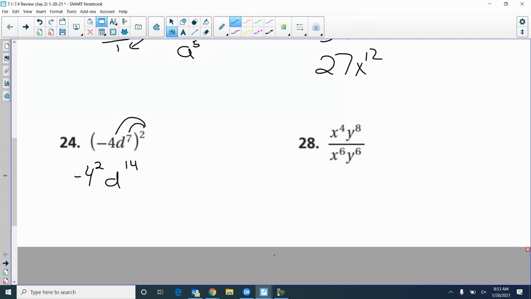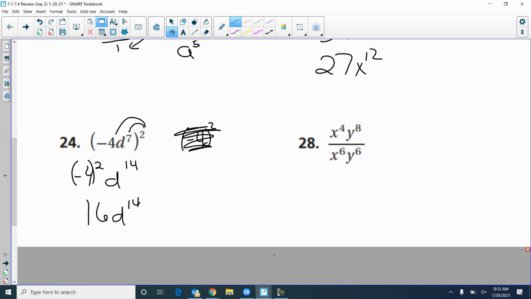It was in the parentheses here. So what you would do is you would just do -4 times itself. Notice it's in the parentheses. So if I didn't have this d to the 7, I would have -4 squared like that, okay? So what is -4 squared? 16 d to 14. It's positive. A lot of you got negative.